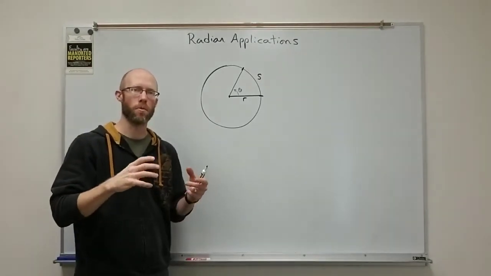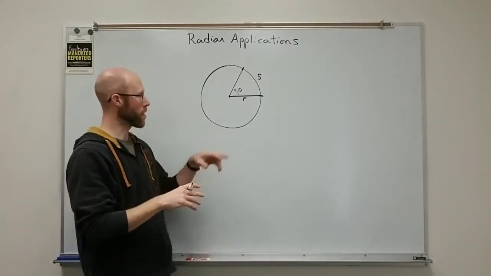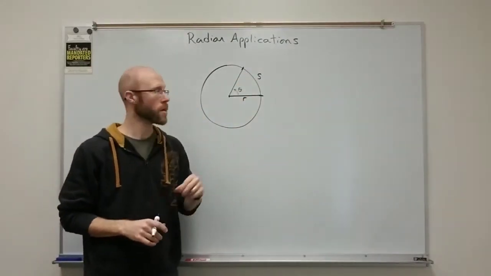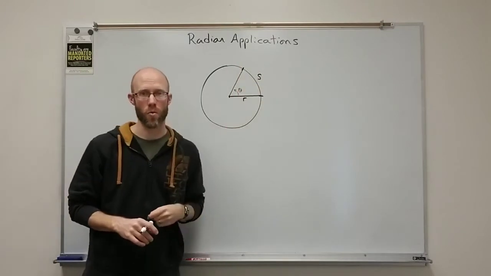And so the amount of this angle is going to be equal proportionally to the amount of the circumference that's swiped out.